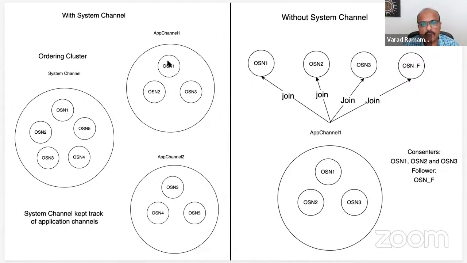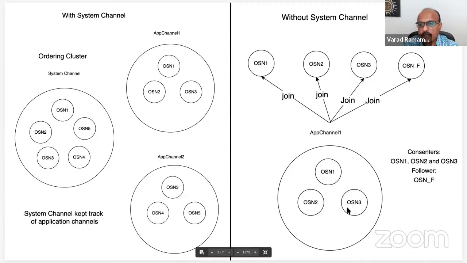So that's one of the gaps that Fabric tries to address by removing system channel. On the right, you see that without system channel, with the same set of 5 different nodes in the system, if I'm creating app channel 1, nobody but the organizations from nodes 1, 2, and 3 know about this particular channel.